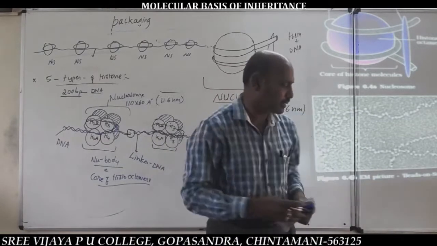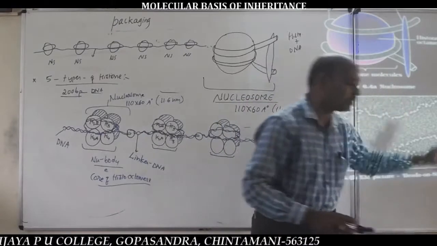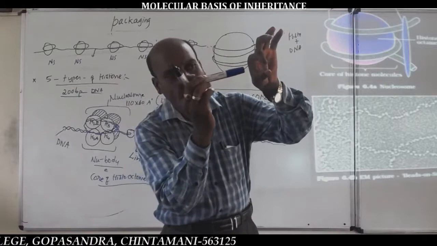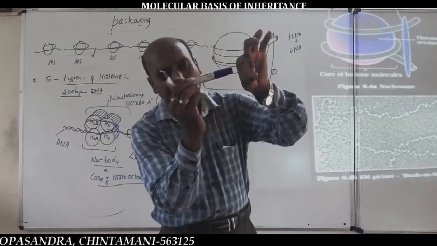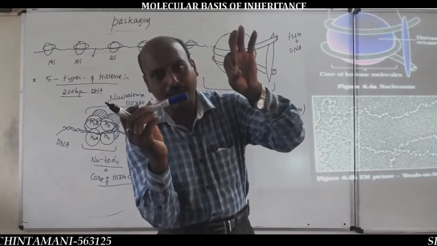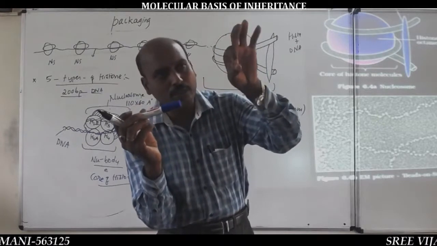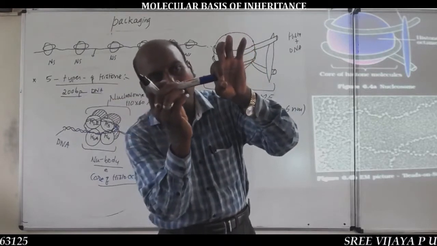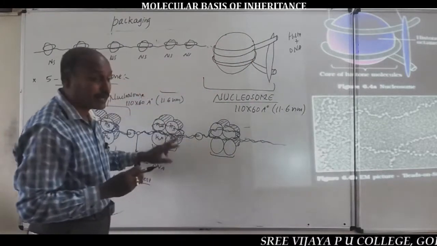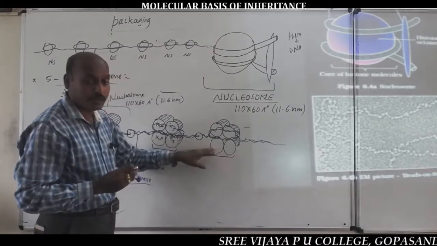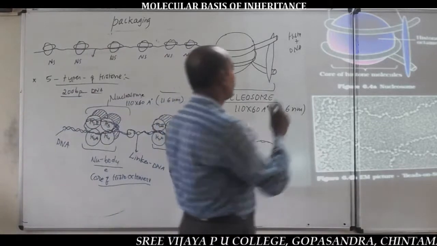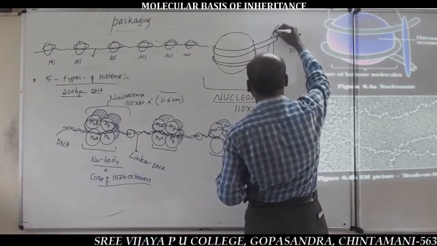Listen here, for example, this is one H1 histone protein. Through the H1 histone protein, the double-stranded linker DNA passes out. So that linker DNA present between adjacent nucleosomes is associated with the H1 histone protein.